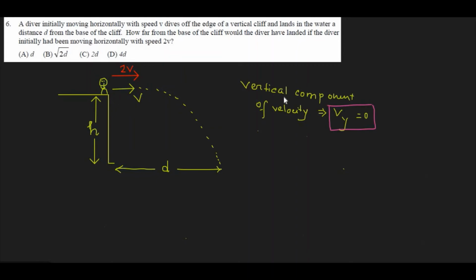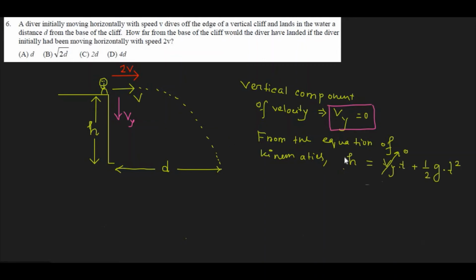So let's start with the vertical component of the velocity, which I am considering as 0, because initially it's given that it moved horizontally, which means the vertical component of the velocity, vy in the diagram, should be 0. Now from the equations of kinematics, we can use the displacement equation, s equal to ut plus half gt square.